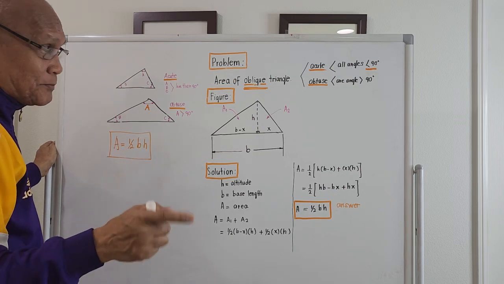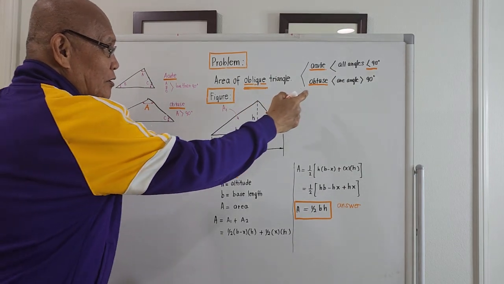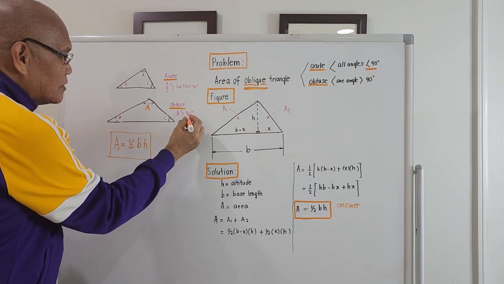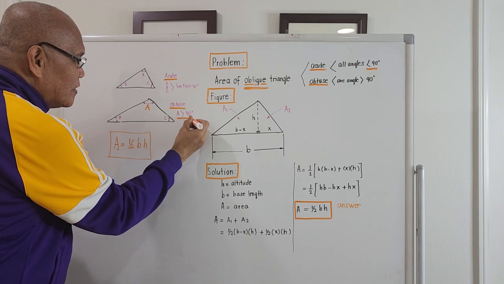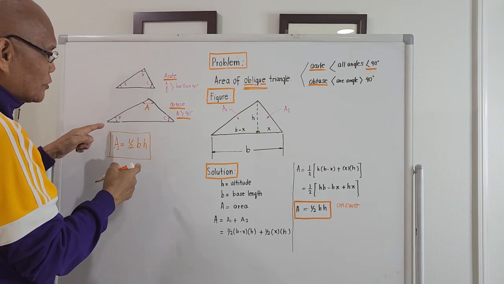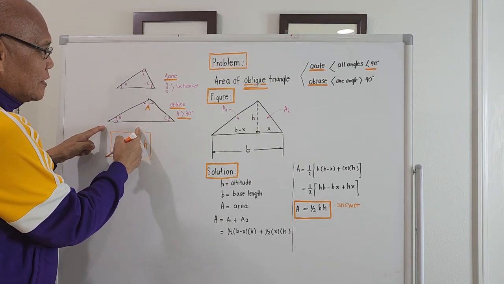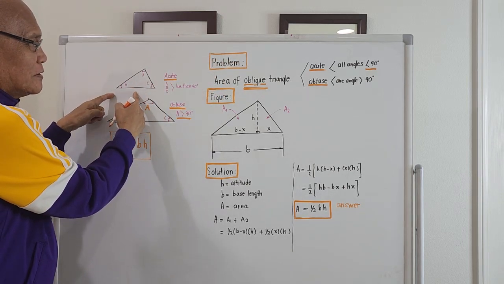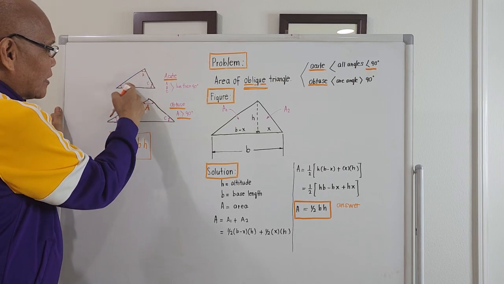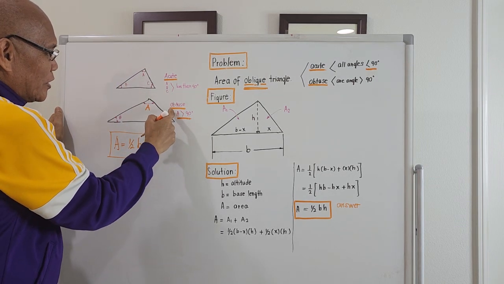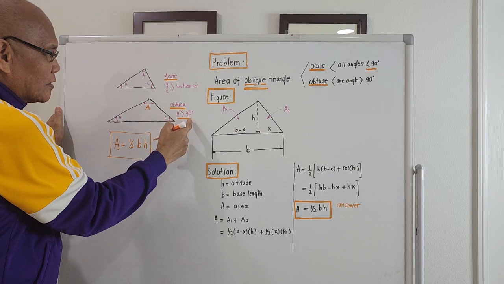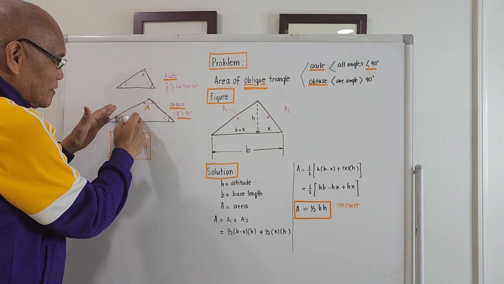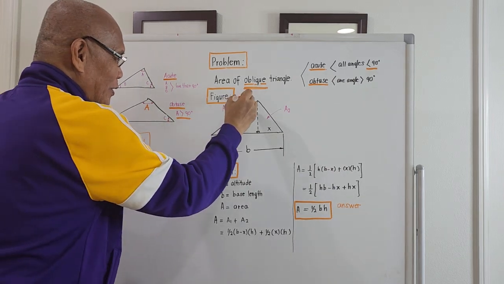So the figure for the obtuse triangle will be this, and the figure for the acute oblique triangle will be this. All the angles here are less than 90 degrees. For it to be obtuse, one of the angles should be greater than 90 degrees. So this one here is the same as the figure we are solving.